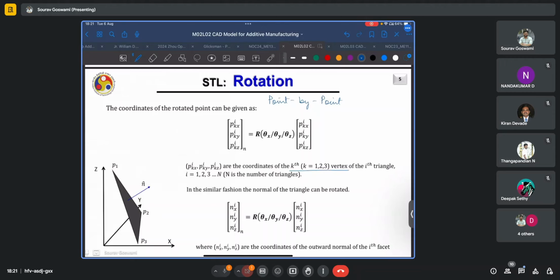So for each ith triangle, we perform this matrix multiplication operation on each of the three vertices sequentially, and then we end up with a new orientation. In a quite similar and easy fashion, the new orientation of the normal can also be calculated simply by multiplying the components of the unit normal vector with the rotation matrices as necessary.